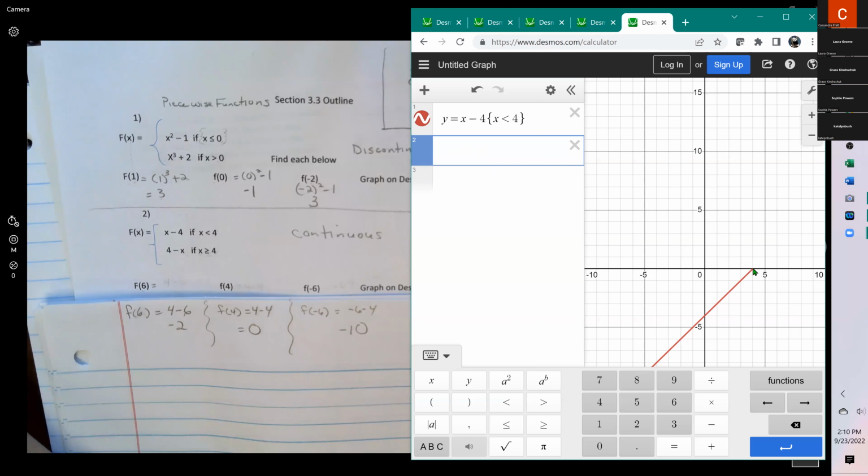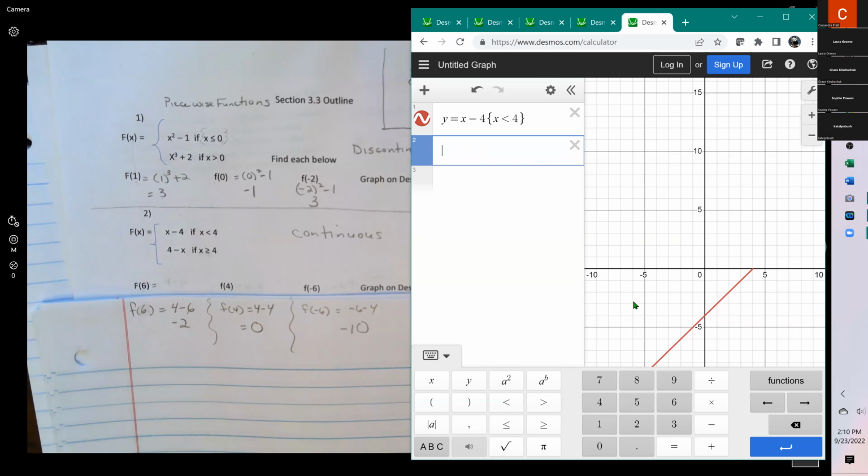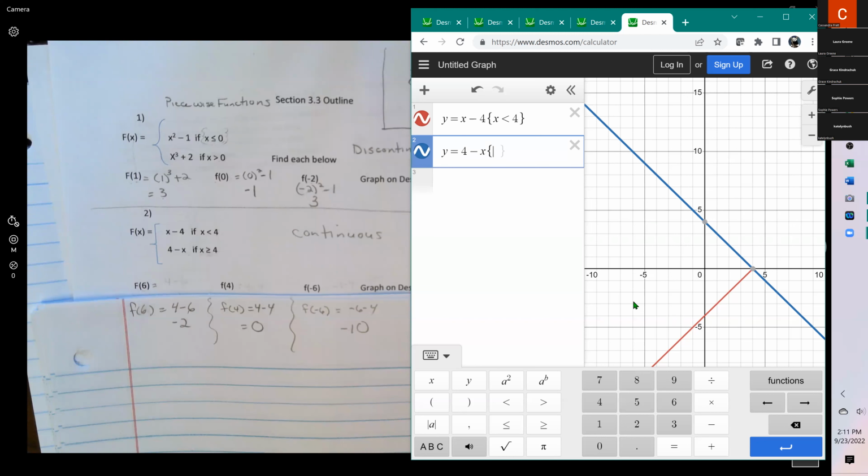Notice that's at 4 and it's less than. This way is less than, this way would be greater. So then we do the next one, y equals 4 minus x. It's that line. But then when we put in x greater than or equal to 4, it got rid of the part that was less than. This part of the line was erased.